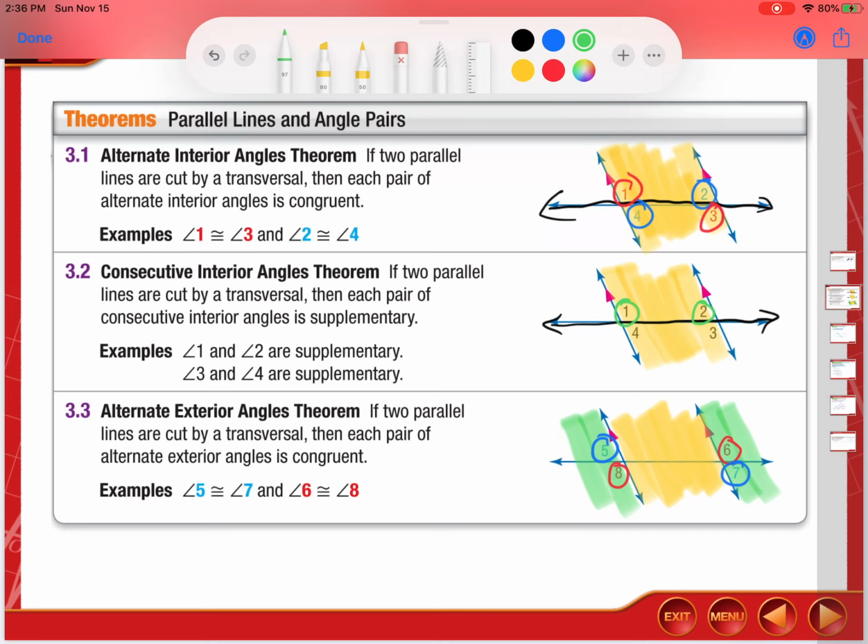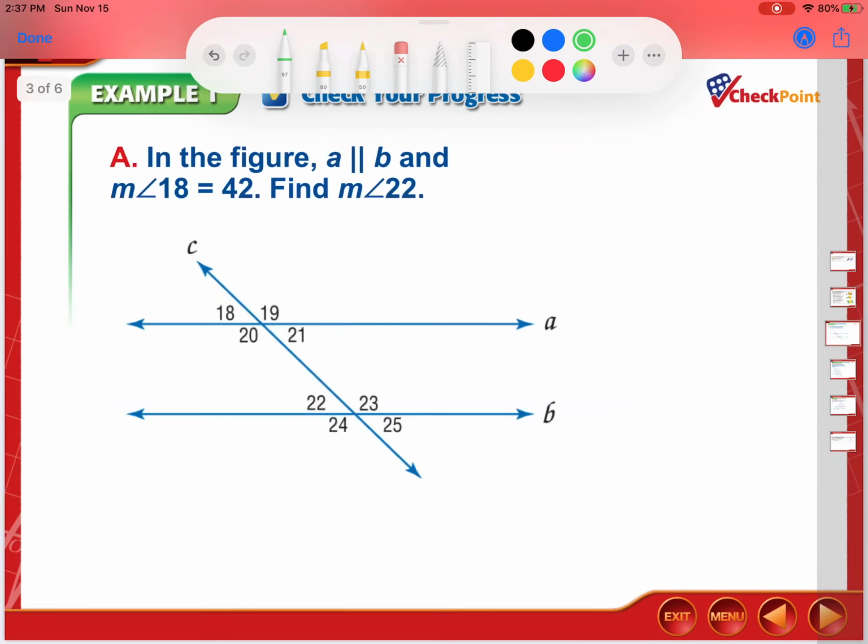So they're going to add up to equal 180 degrees in this parallel lines cut by a transversal situation. Like I said, consecutive interior angles theorem, you're not going to see as much. It's important to know just in case there's a random test question or a random question on your state test, but it's less useful.